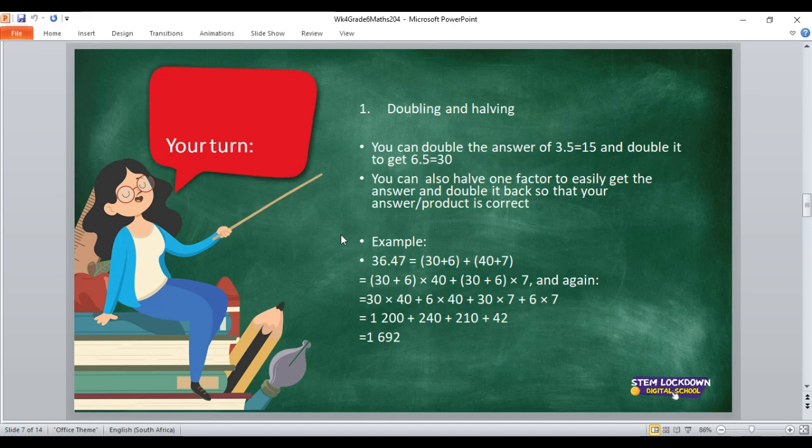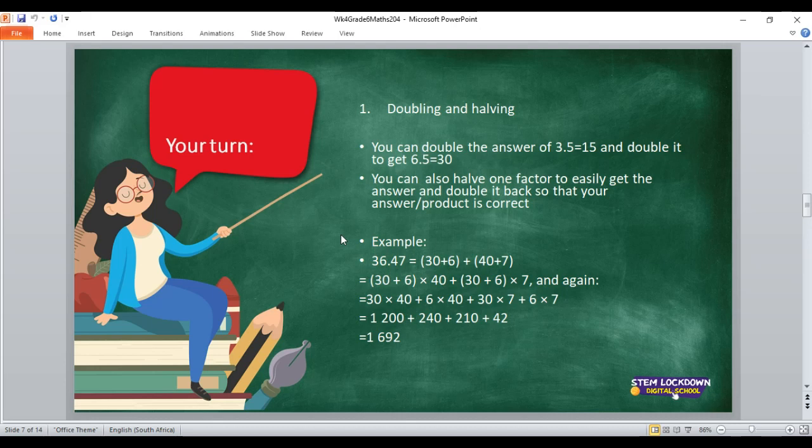On our first sum we have 3 multiplied by 5 equals 15. To know what 6 multiplied by 5 is, we doubled the first factor, 3, to 6, and then 6 multiplied by 5 gives us 30.